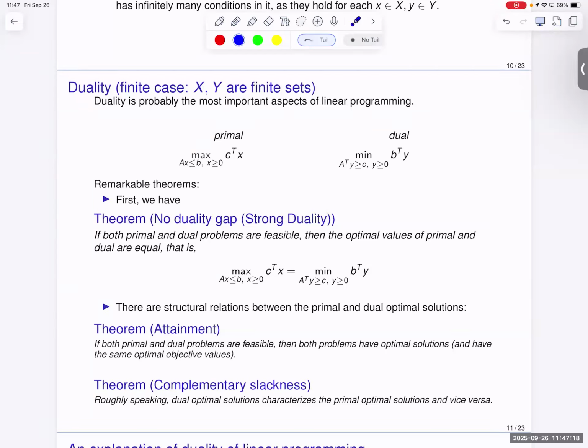Like 15 years ago, or even longer, when I started doing research in optimal transportation, I kind of ignored duality because I just didn't like the abstract notion. I wanted to be more concrete in doing some problems, right? But then I was completely wrong. Okay, I could write some papers, but I think it could be much better if I really had studied duality at that time.